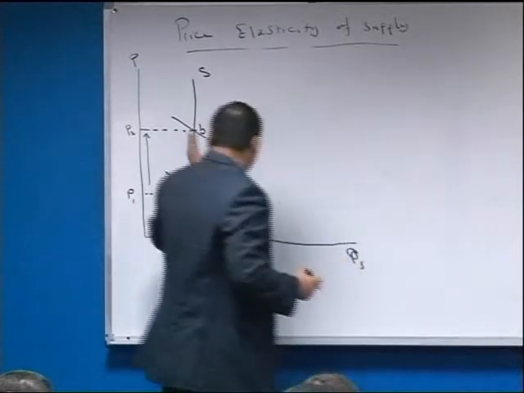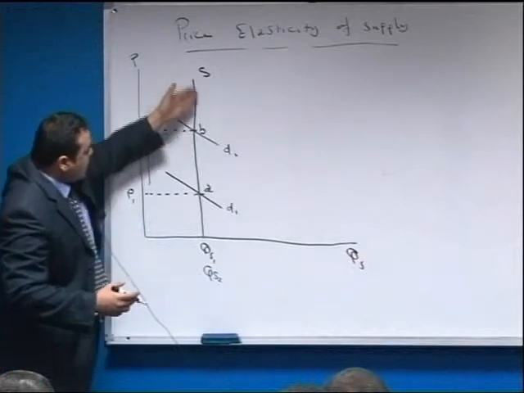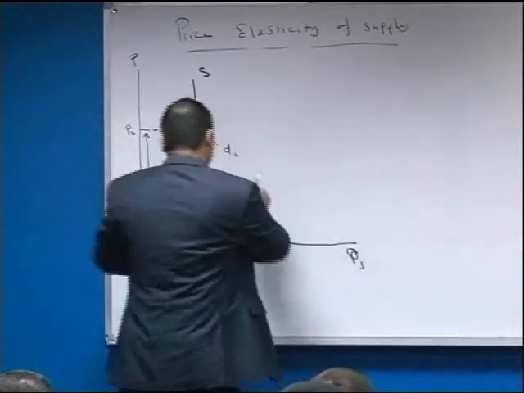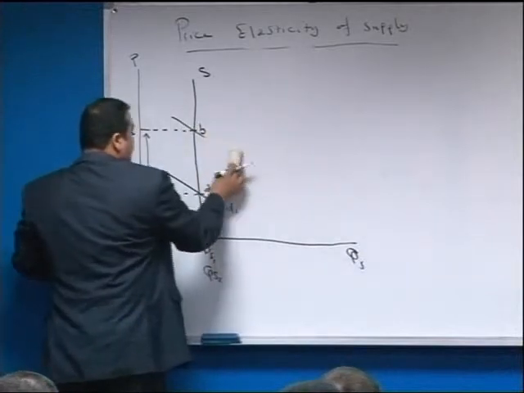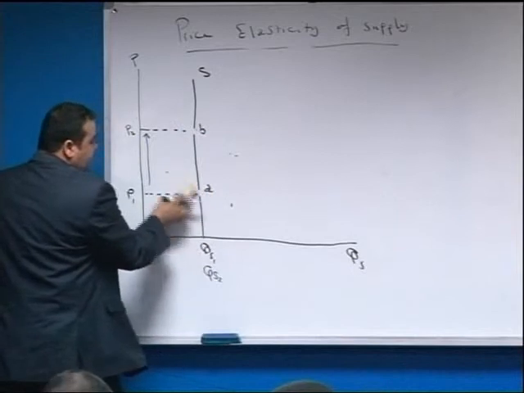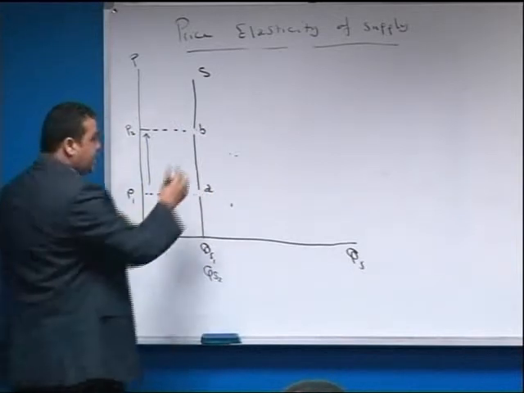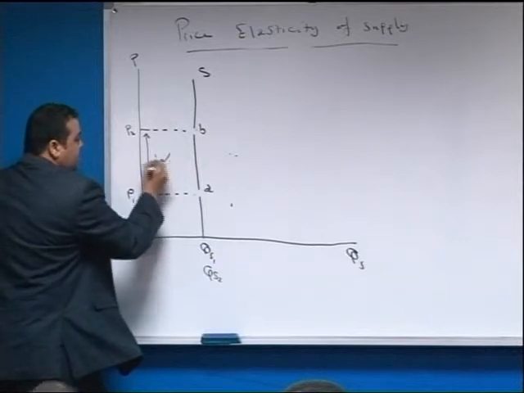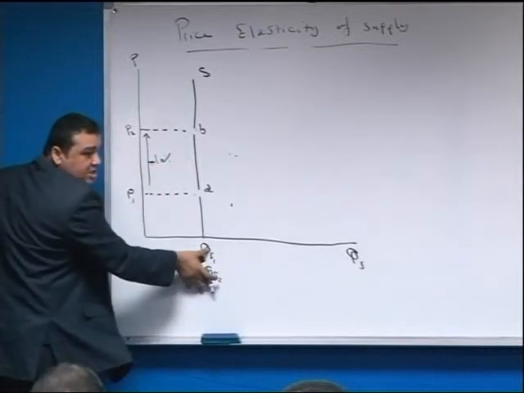So we can see the vertical supply curve in the very short run. In this case, any increase in the price leads to no change in the quantity supplied. So suppose that we have an increase in the price by 10%. There's no change in quantity supplied.